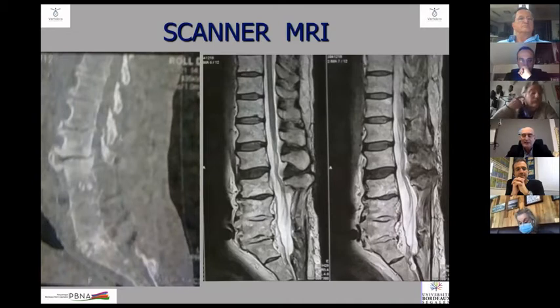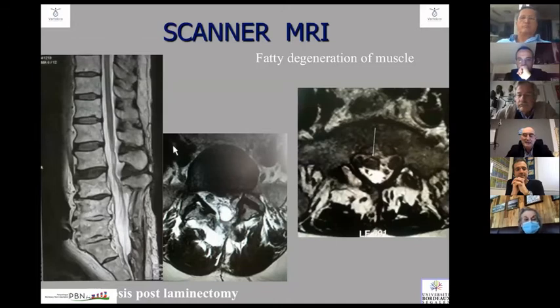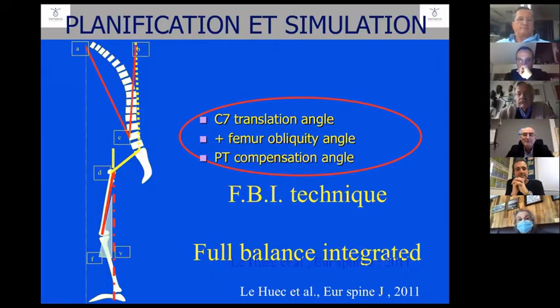A good clinical examination is also very important before the surgery. And when we do a PSO, we always have to pay attention to other things. Sometimes you have to remove a disc herniation, sometimes you have to treat stenosis, and this has to be done during the surgery, otherwise you will have a lot of problems.